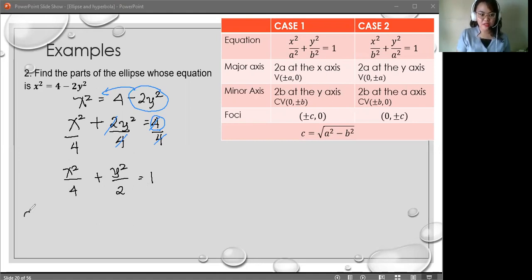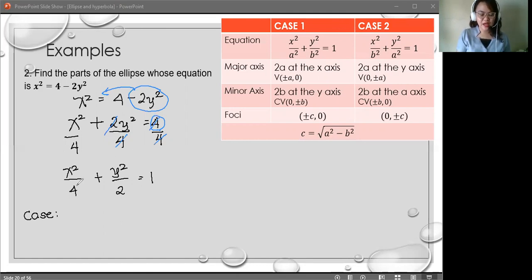Next step is to identify the case. So when identifying the case, what should we do again? We have to look at the denominators of x squared and y squared. Whichever has the greater denominator would determine to us whether we have case 1 or case 2.